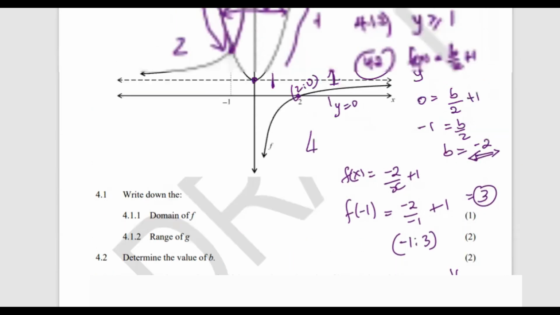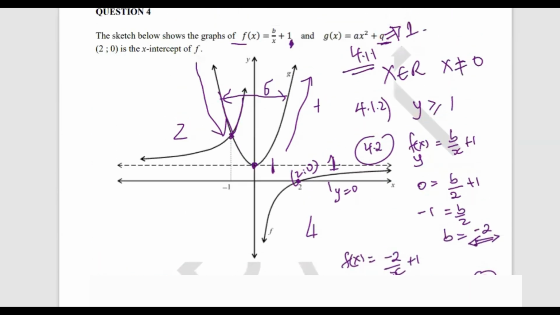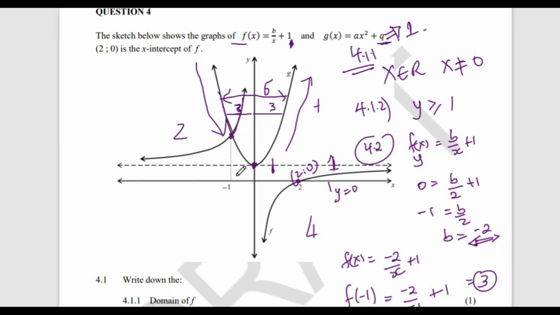No. If the horizontal distance is 6, what that means is that we must have 3 units this side, and then we must also have 3 units that side for us to have a 6. That's the logic that I'm trying to look at. Okay, let's see. If x is 1, what is y? If x is 1, I'm having 2x squared plus 1. I'm getting it directly to y.